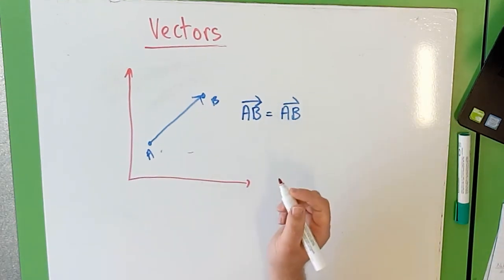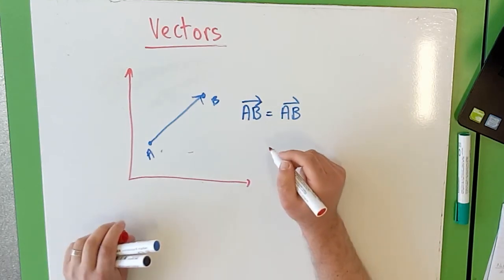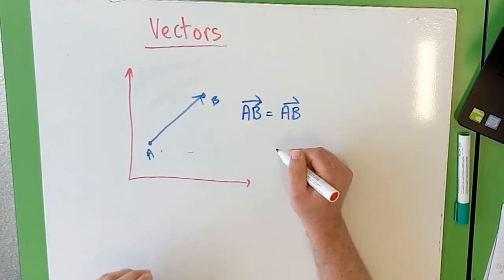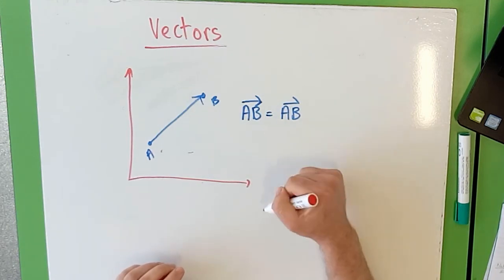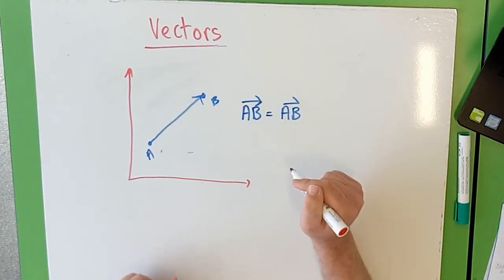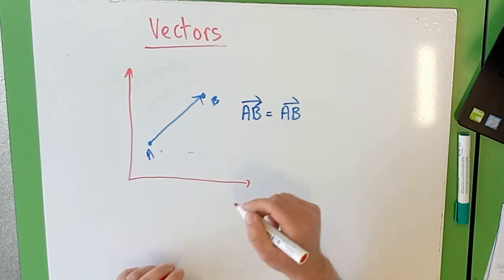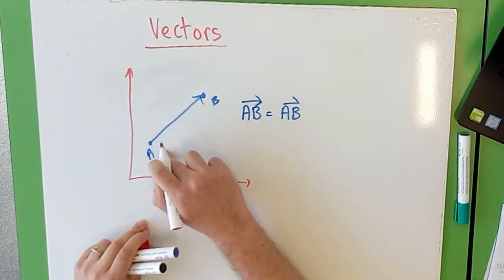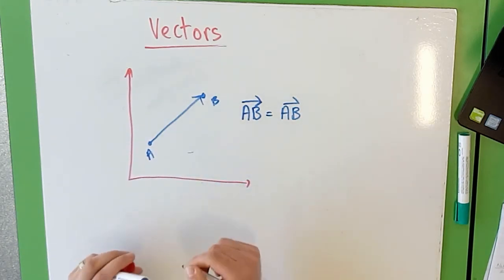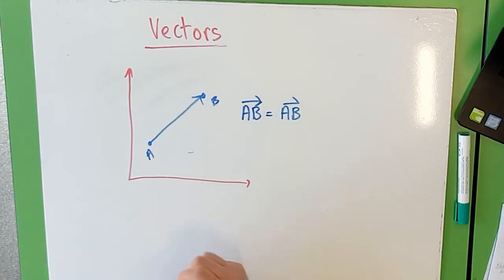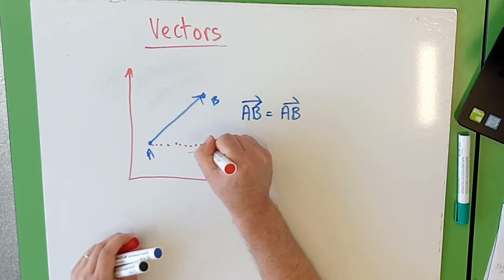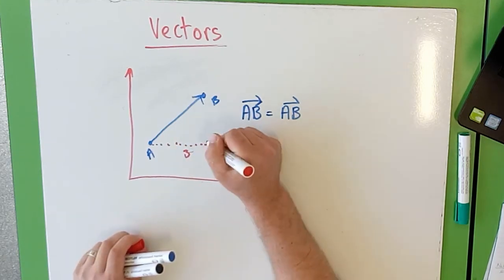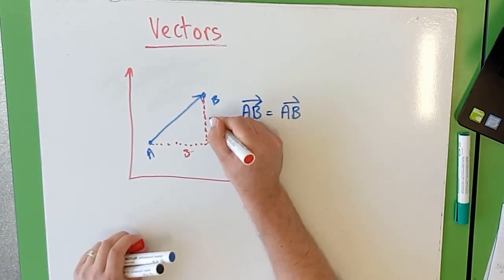Column vectors are written as little 2x1 matrices, or different depending on how many dimensions the vector is in, so a different number of rows per column. For example, we could say that this vector here was 3 units across and 4 units up.